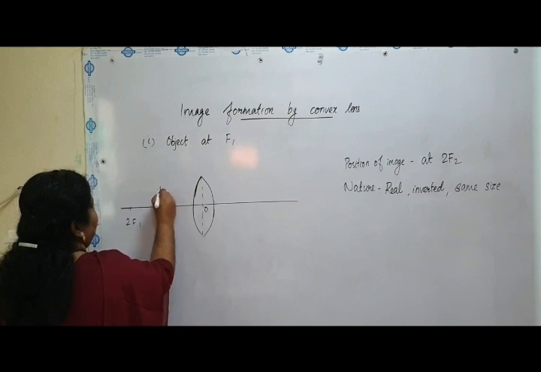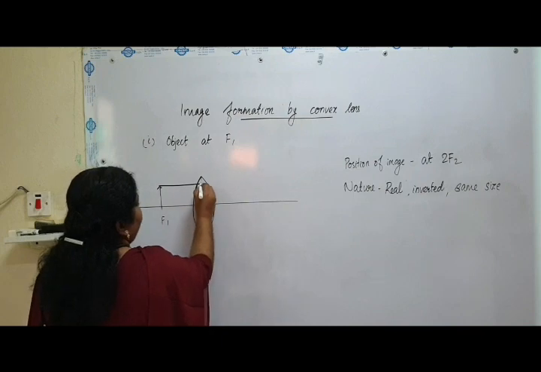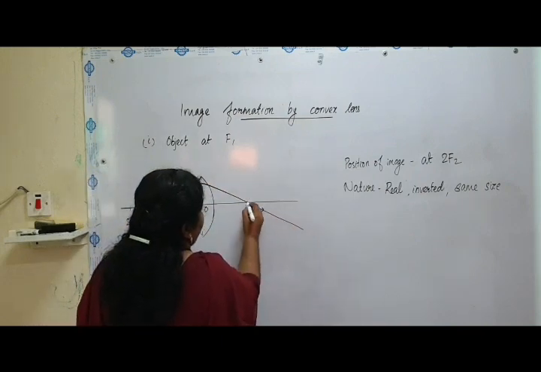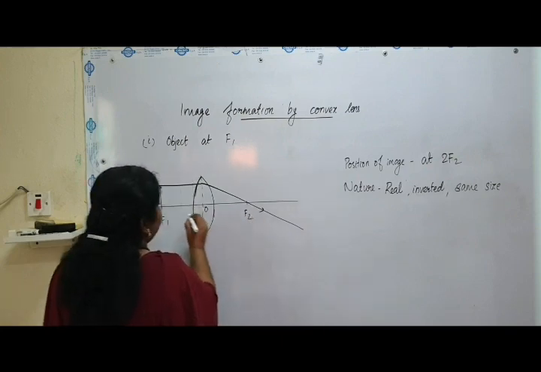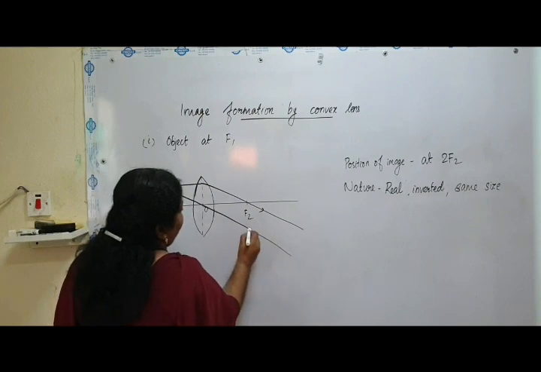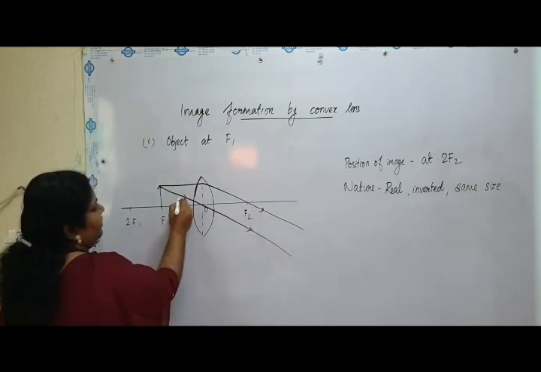So the object we are keeping at F1. A parallel ray will pass through this focus. The second type of ray, which is passing through the optical center, will go like that without any deviation.